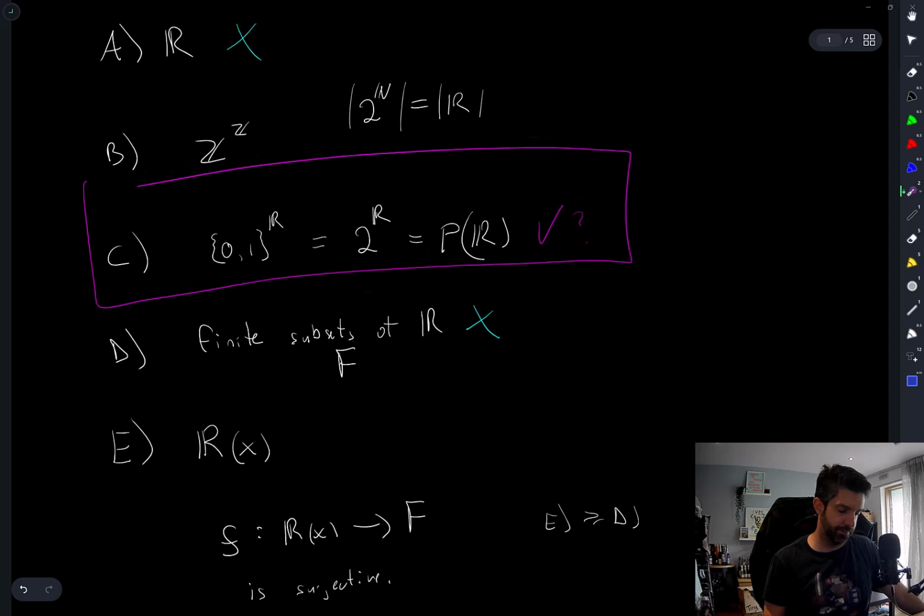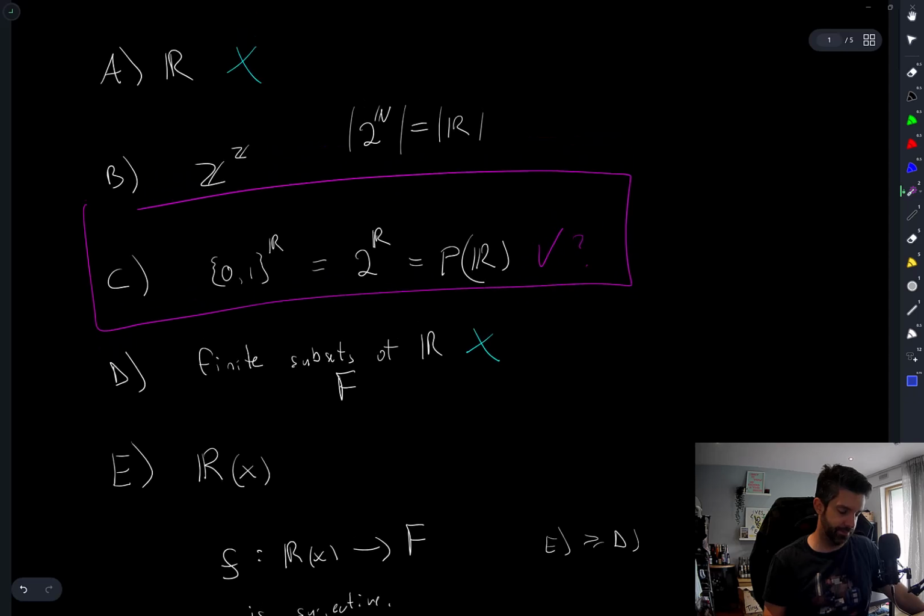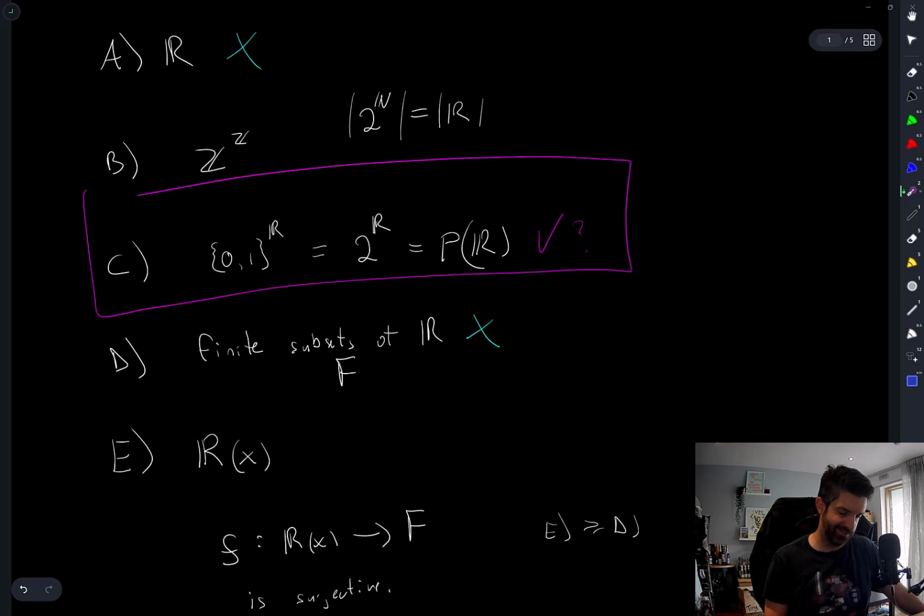And just because of countability and stuff like that, I'm pretty sure these sets are the same size. Maybe I'm wrong about that. Maybe this one is bigger than that. I'm not sure, but I'm pretty sure the answer here is going to be C.